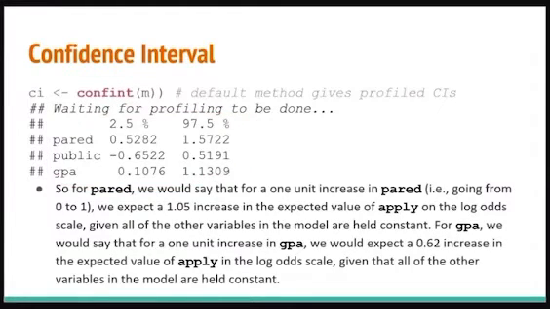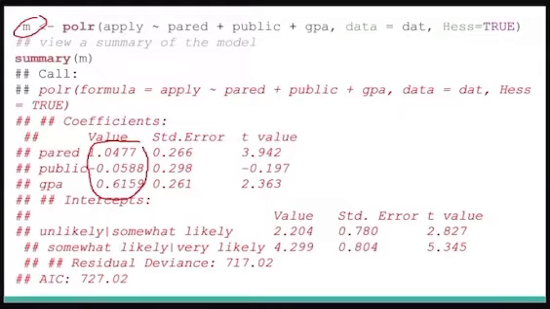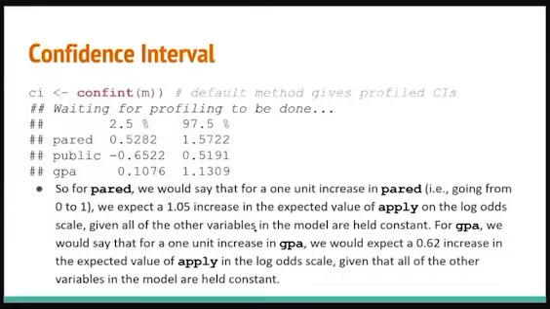For instance, we want to interpret the effect of parents going to school on how that will affect your choice of applying to graduate school. That is 1.0477, right? Let's approximate that to 2 decimals, that would be 1.05. Do you see that? And it's positive.